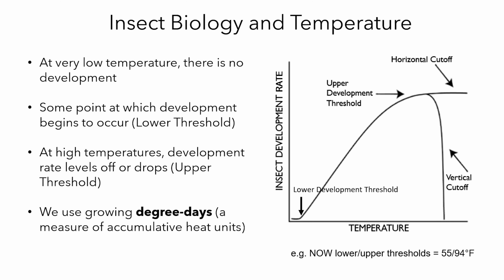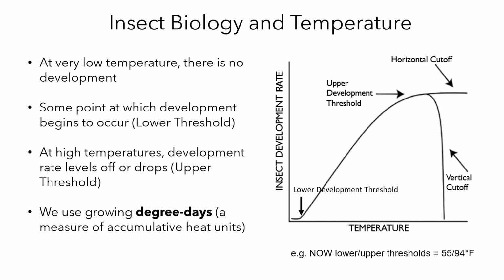So that's why we use something called growing degree days, right? For the insect, if the temperature is below a certain level, insect activity would basically reduce or not happen at all. In the springtime, when the temperature reaches a certain level, we start seeing insect development happening.